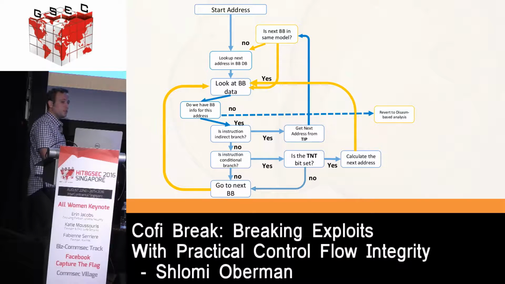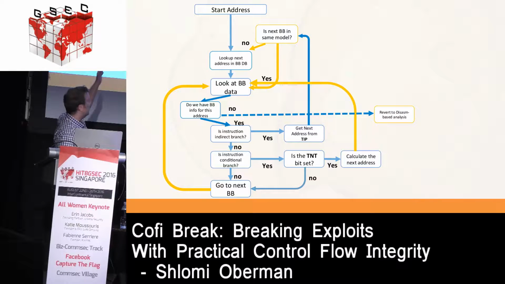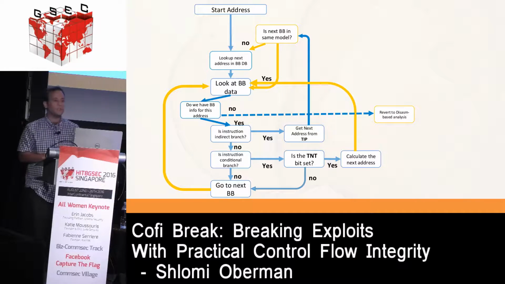This further improves performance. We no longer have to look up the next module in our database for every basic block we traverse. We only have to look up the next address in our basic block database if the basic block is not in the same module. We have to check if the basic block is not in the same module only if we're using a tip.